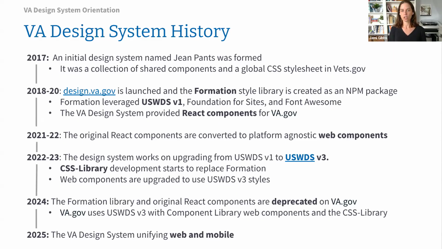And then by that next year, the design system was able to then fully deprecate Formation and the original React components on VA.gov. So by 2024, VA.gov is now running on USWDS version 3. It's also running on the component library web components, and also using the CSS library, all using USWDS version 3.